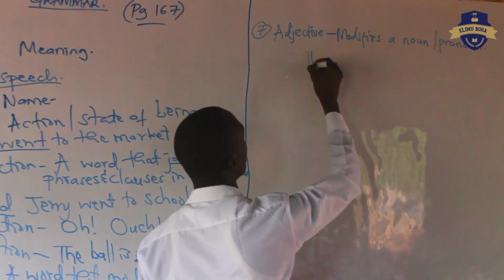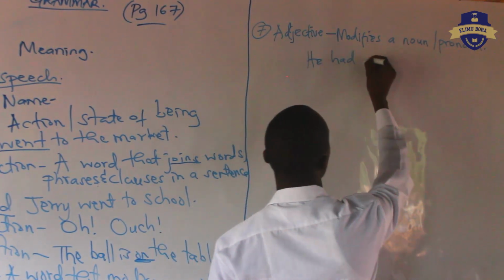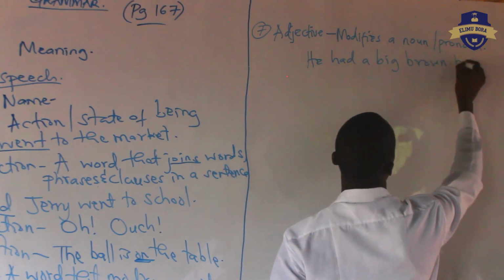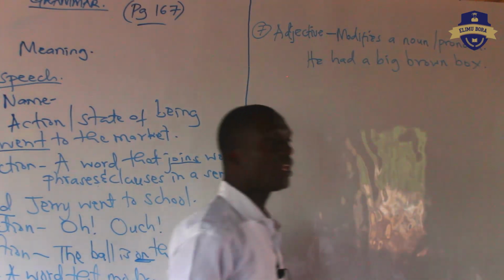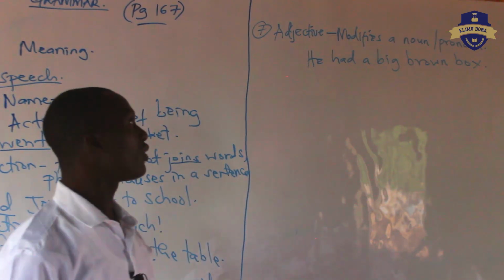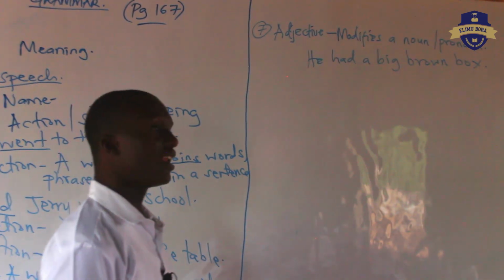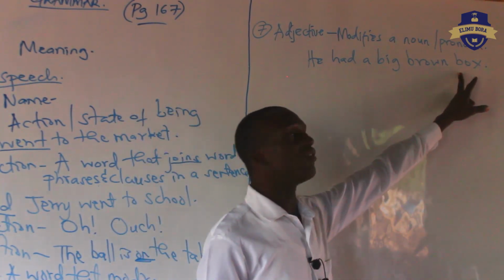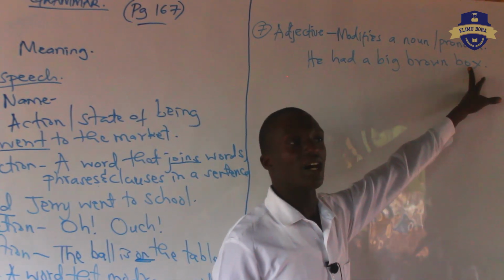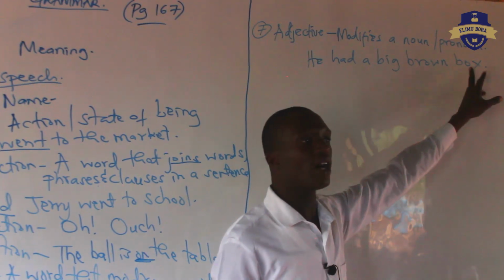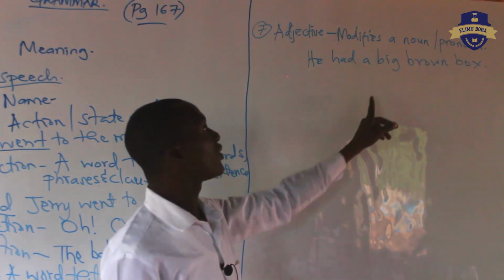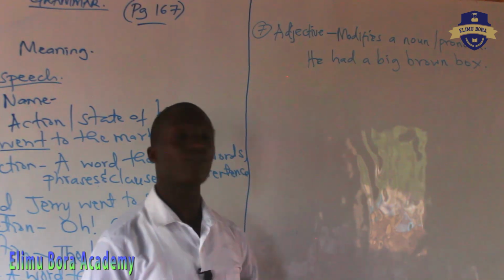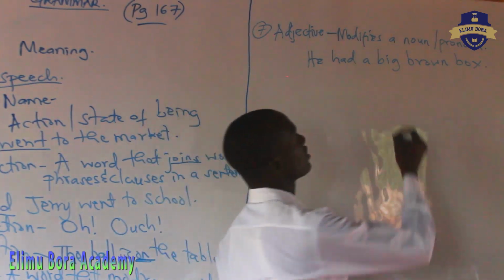For example, he had a big brown box. So here we have our noun, box. We said a noun is a name of an object. Then we have big and brown as the two words giving us more information about the box.